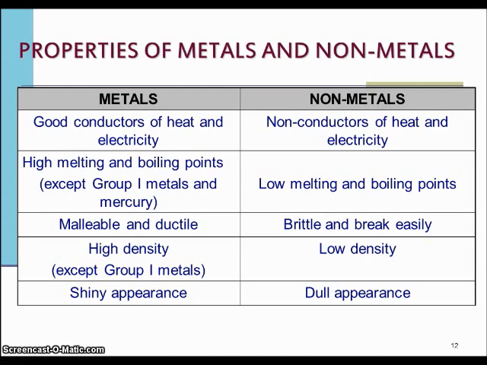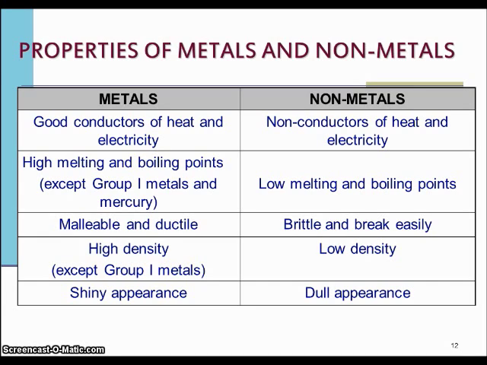However, Group 1 metals and mercury have very low melting and boiling points. That is why mercury is actually a liquid at room temperature. Metals are also malleable and ductile. They have high density, again except Group 1 metals, and they have shiny appearances.